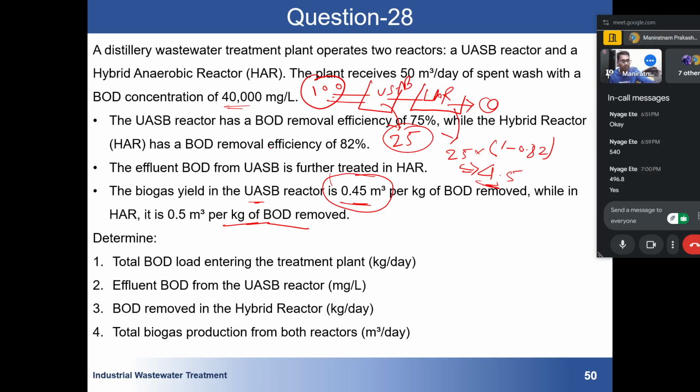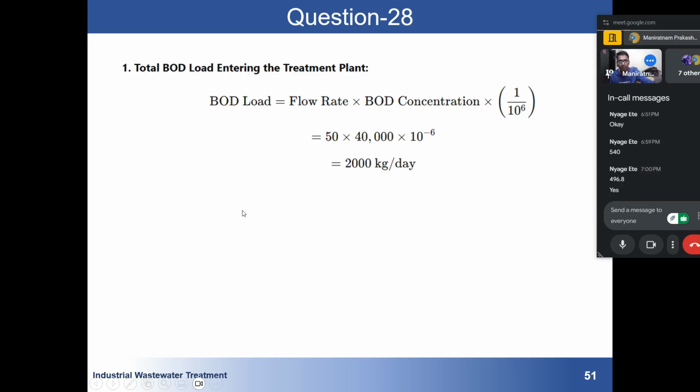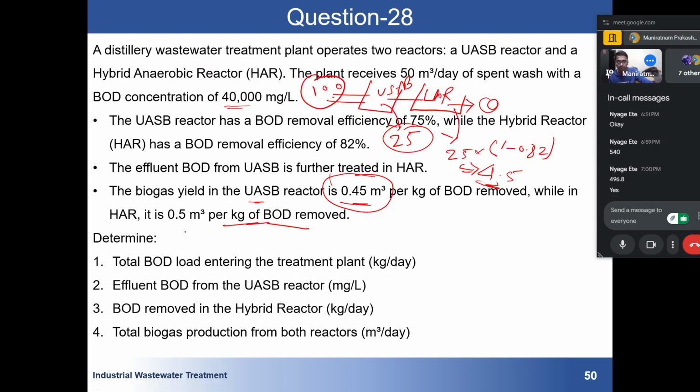Normally biogas yield is 0.35, but here we have to consider 0.45 for UASB and 0.5 for HAR, so we solve as per the question. So the total BOD load entering the treatment plant, has anyone found this? It will be again very simple.